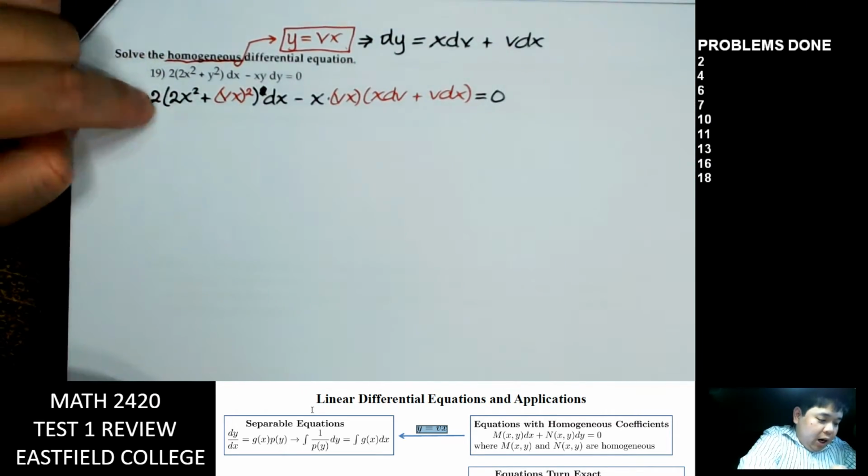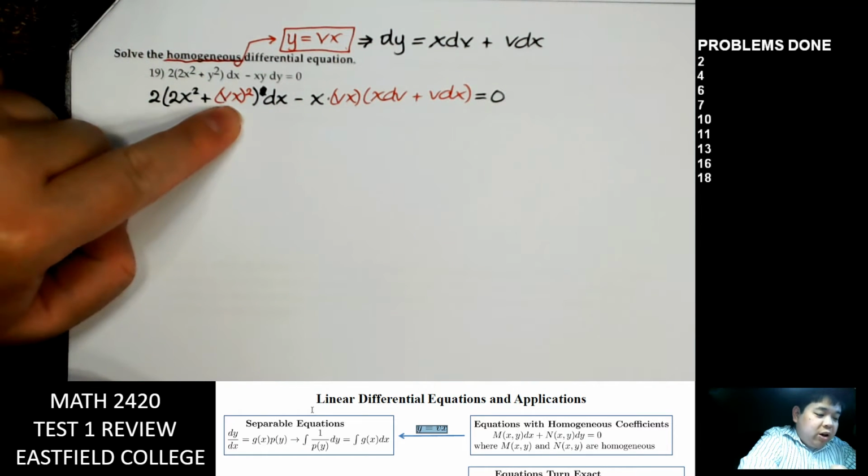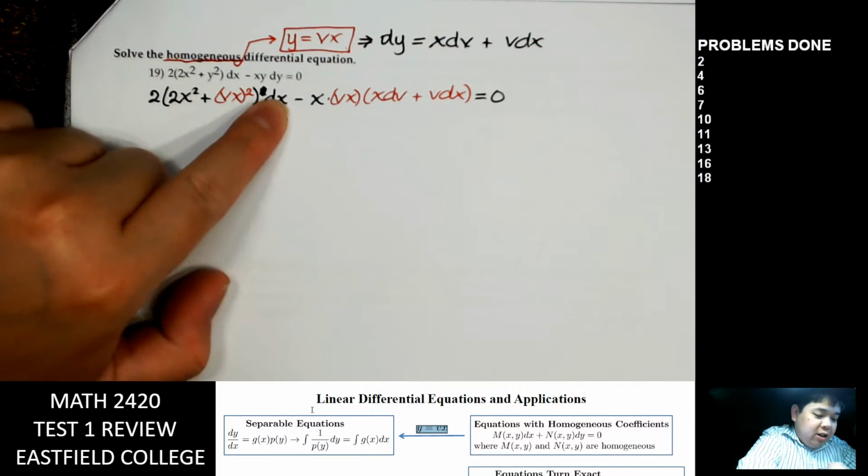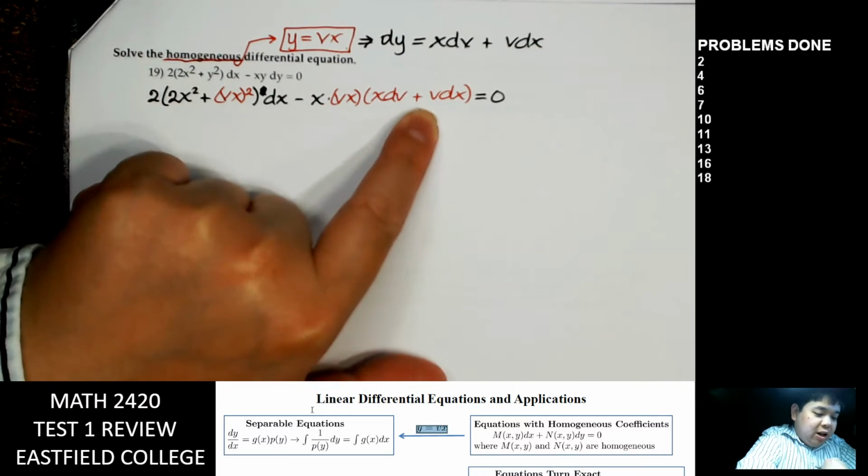So 2x squared y squared vx squared dx, x, that is y, that is dy.